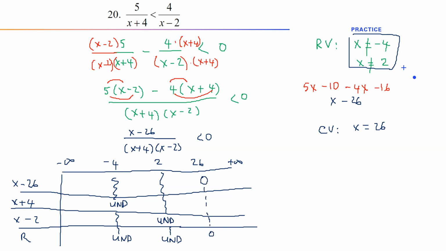Okay, now we can choose the test numbers. We have less than negative 4, so negative 10. In between, I choose 0, 1, 100. So we have negative 10 minus 26, that makes negative all the way, negative. At 0, you have negative, positive, negative, positive.